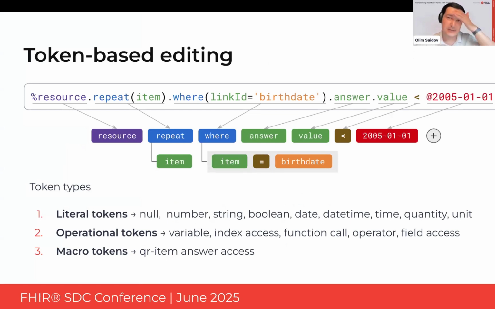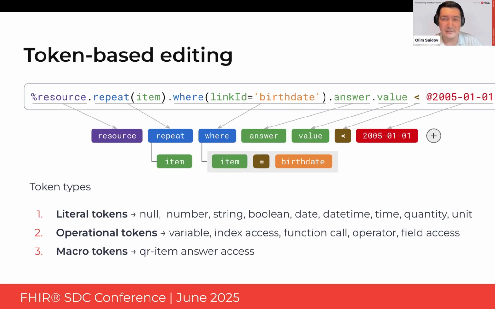The first thing we did was reimagine how FHIRPath expressions are represented. Instead of text that users type, we use visual tokens, like blocks. Those are interactive UI elements that represent each part of the expression. So let's see this long expression.